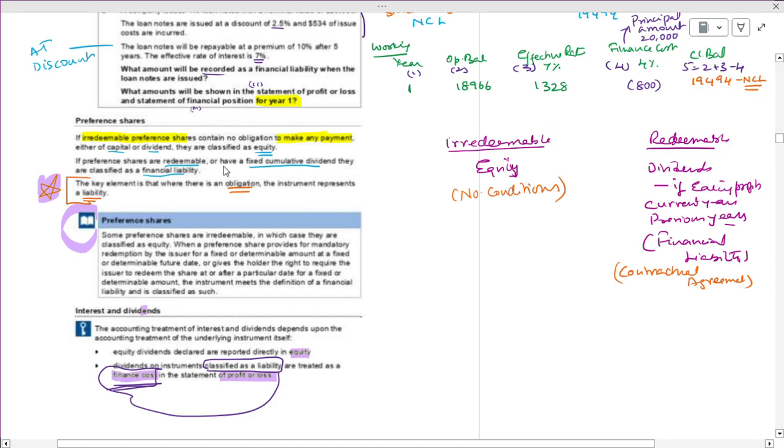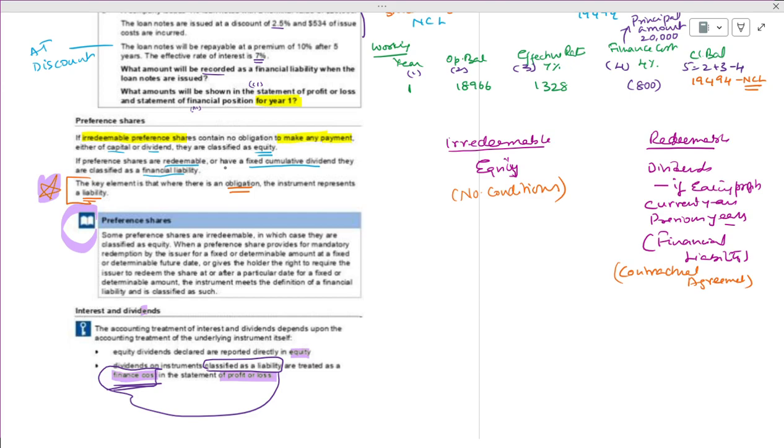If you see, there are two things. If it is redeemable or irredeemable. If it is irredeemable, you don't have any obligation to make any payment, either capital or dividend, so it has to be classified as equity. There is a very small difference.